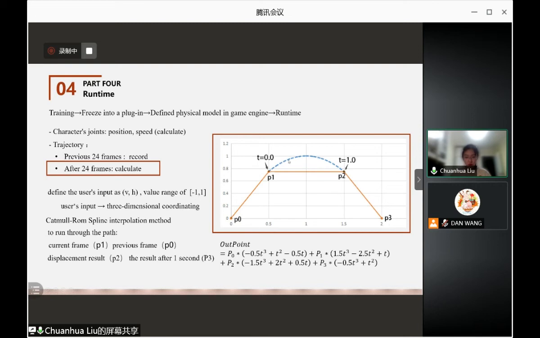And we want to know this blue line and this one. This is our strategy for after 24 frames. We use this method to calculate this part of the strategy, and we can get the whole strategy in the game at runtime.